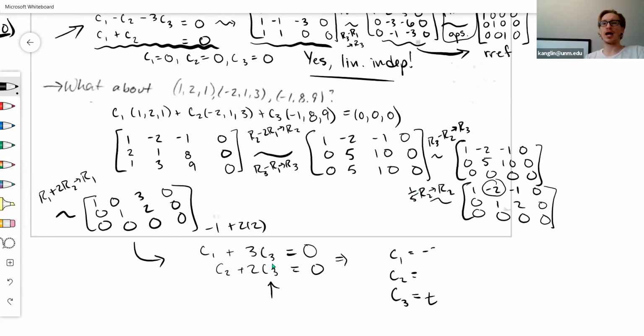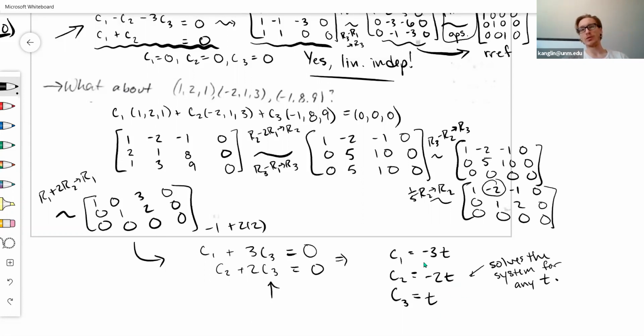C1 is just negative 3 copies of that. C2 is negative 2 copies of that. So this solves our system for any real value of T you plug in.